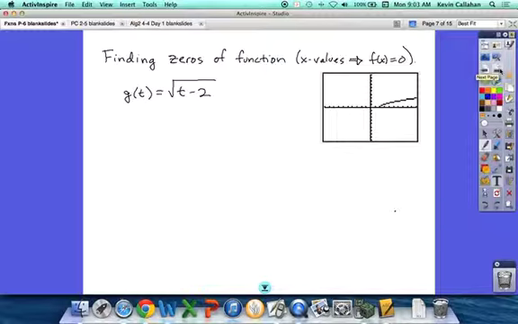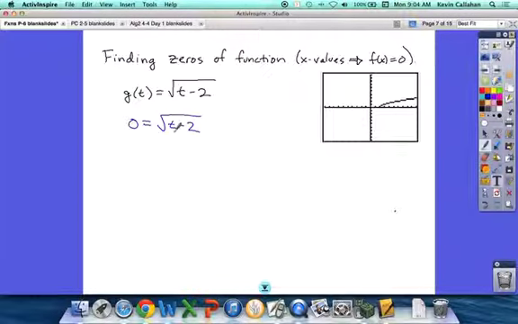Okay, finding the zeros of a function. In this case, you could see the function. This is a square root function. It's been moved 2 to the right because of the -2. Right? The zeros mean 0 equals the square root of t minus 2. You could probably tell just looking at it what value of t is going to make that equal 0. 2. 2 minus 2 is 0.